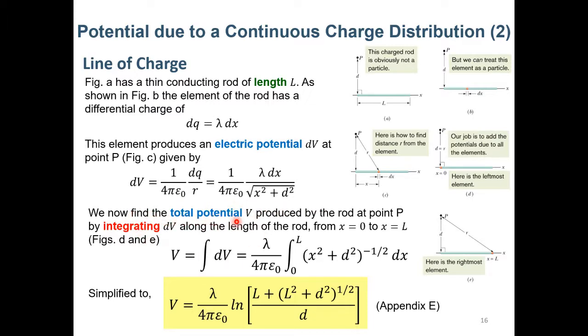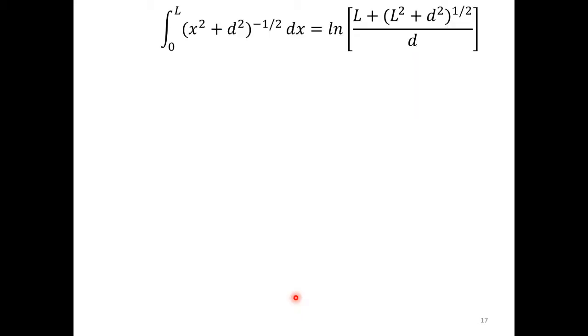So now we find the total potential V. We integrate this. If you look at the textbook in Appendix E, if you integrate this term, it will look like this. Do you want me to show how to derive it?